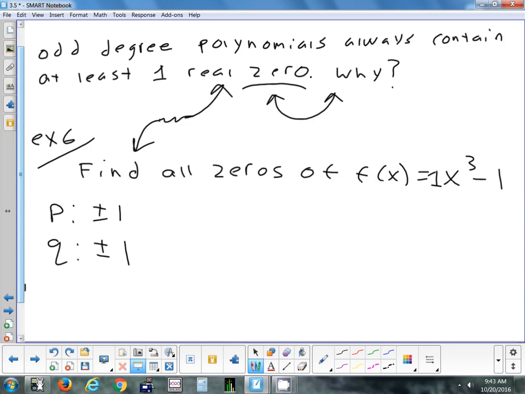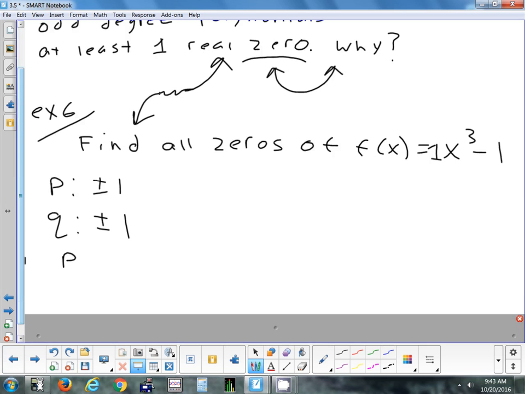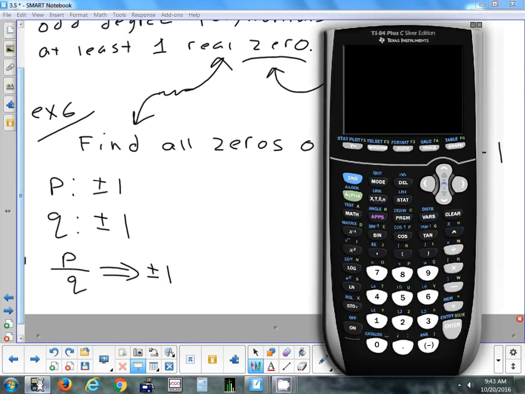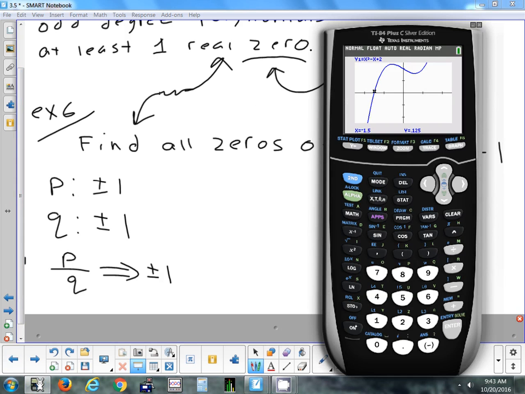Also plus or minus 1. So what would be every possibility I could have for p over q? Plus or minus 1. So when I graph this, it has to cross the x-axis at 1 or negative 1. Otherwise, I couldn't ask you to solve it.